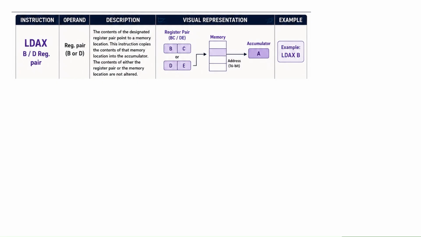Let's just understand with an example. Let's consider B has 8-bit data 20 and C has 8-bit data 30. So in total the BC register pair has 2030, and a memory address is a 16-bit address.